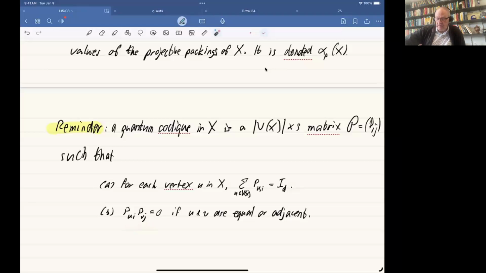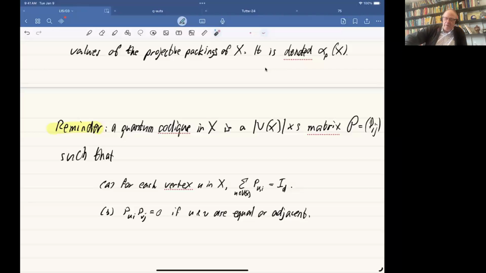Now, there's a couple of things that aren't easy. You have to think for a while to see what happens if I take d equal to 1: does this generalize the classical definition of co-clique? Okay, it does, but it takes some thought. The second thing is, is this indeed a quantum co-clique?